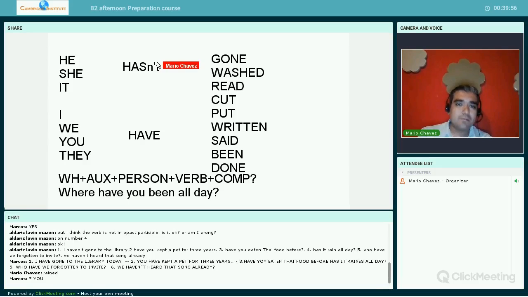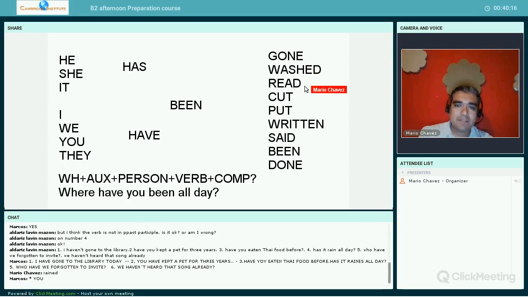For the present perfect continuous, we use the past participle of the verb be, in this case, been, and we use a verb with ing. Been is the only verb in past participle. All the other verbs after been go with ing to make a sentence in present perfect continuous.